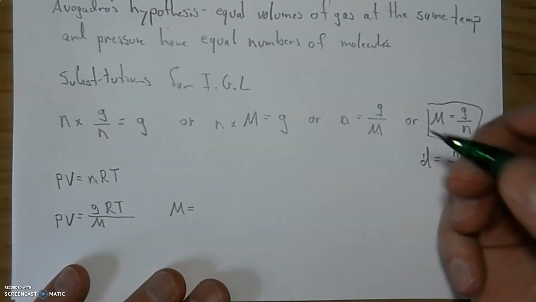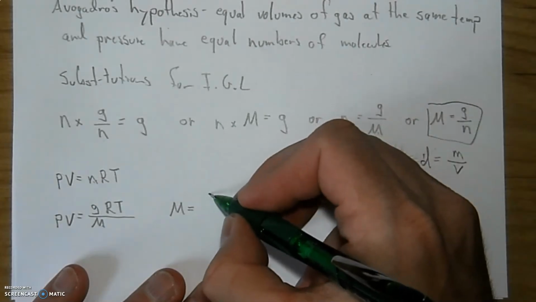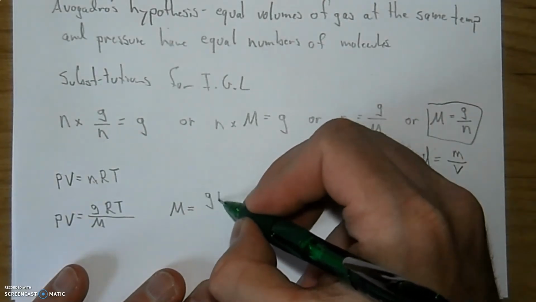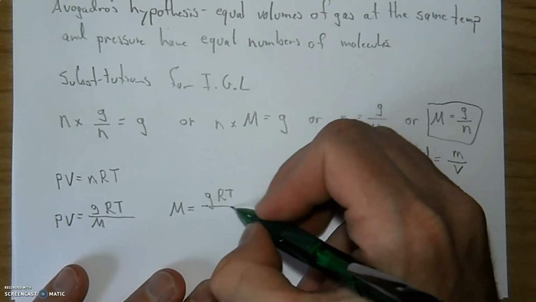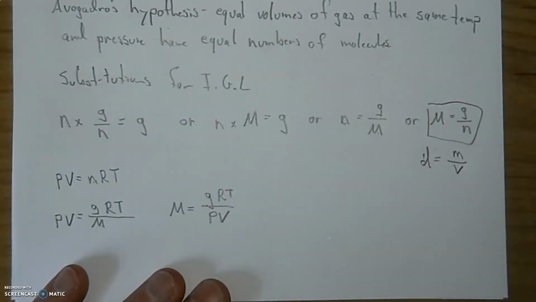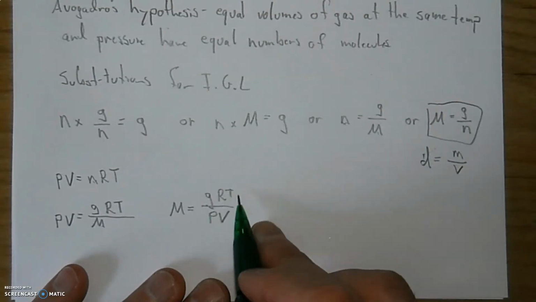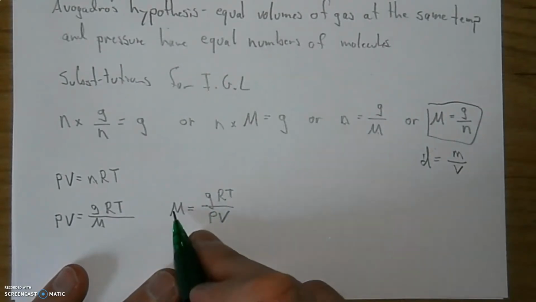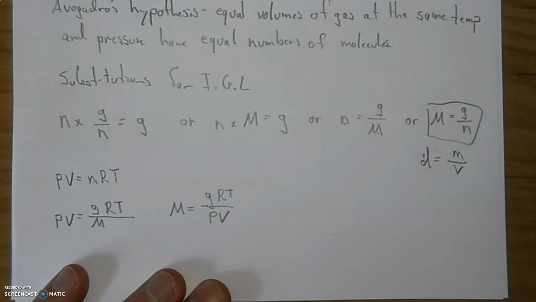So molar mass is equal to grams RT over PV. And what this does for me is, given a variety of pieces of information, if I had grams and temperature and pressure and volume, I could tell you what the molar mass is of that substance, the grams per mole. Just something else you can do.